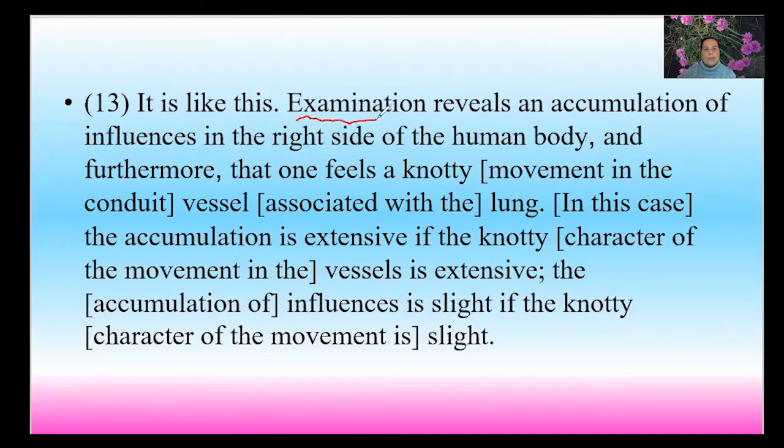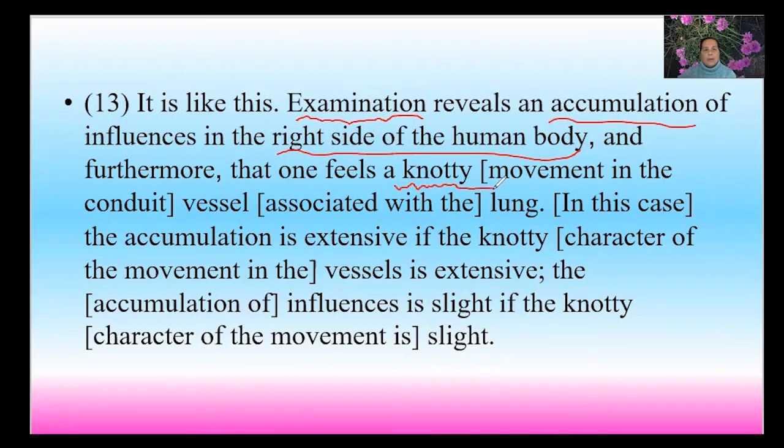For example, if the patient has some stagnation on the right side of the body, we feel the pulse and find the knotted pulse. We know that the knotted pulse is kind of slow and irregular.